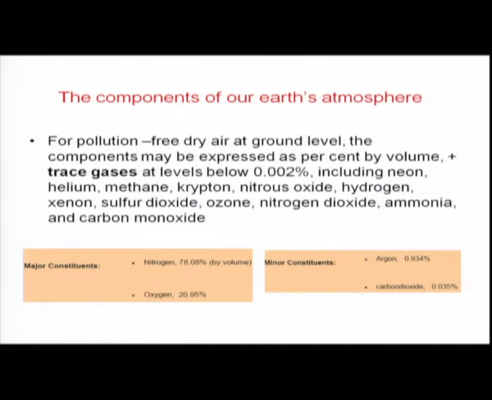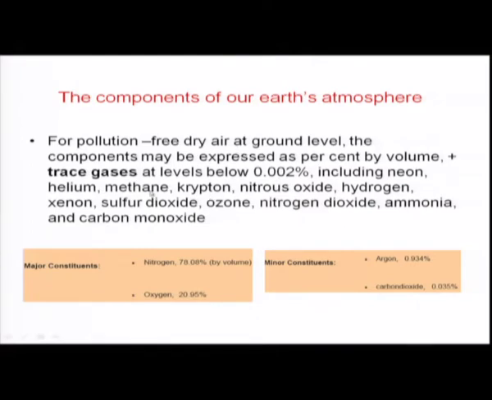Next, if you see the components of our earth's atmosphere, it mainly consists of the major constituents nitrogen, about 78% by volume, and oxygen, about 21%, plus other minor constituents like argon and carbon monoxide also present. This is the concentration in unpolluted free air available at ground level.